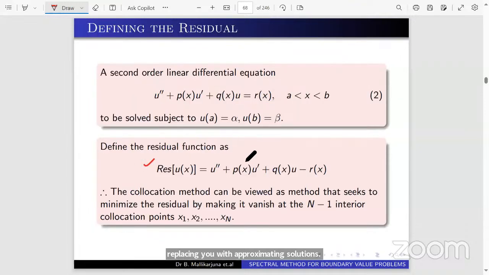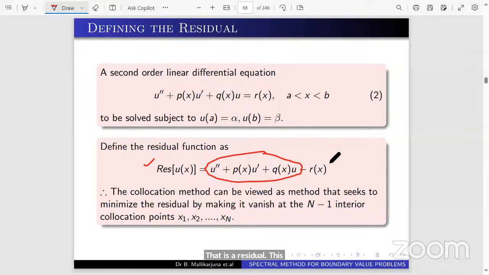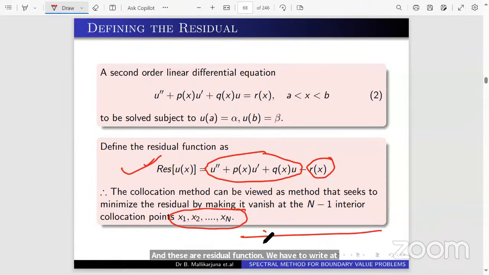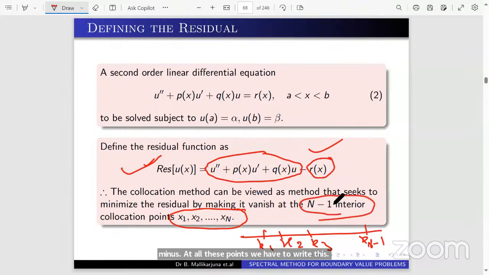And this residual function we have to write at every point x1, x2, x3, and so on, up to xn minus 1. At all these points we have to write this. So how many equations do we get? N minus 1 interior points, so you will get n minus 1 equations. This is how you define the residual.